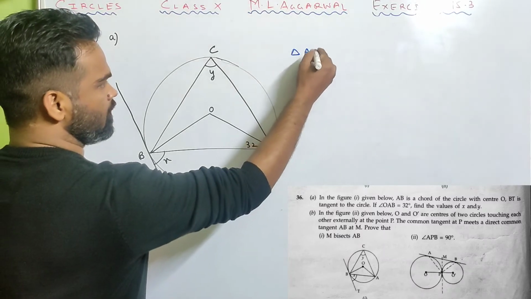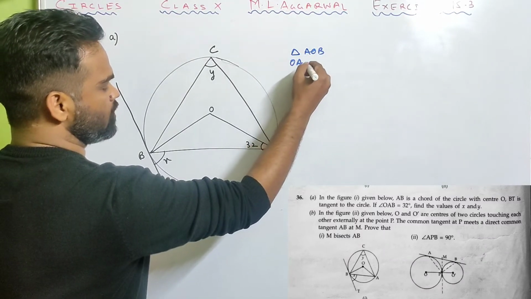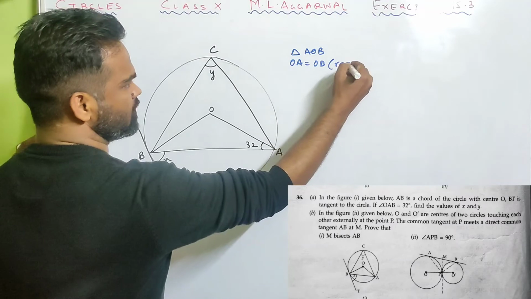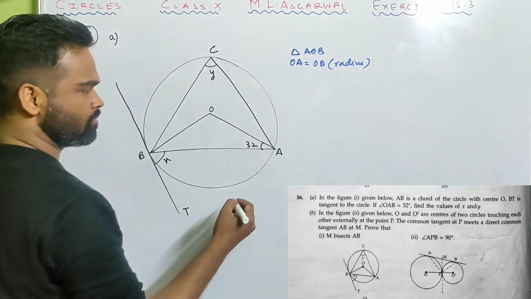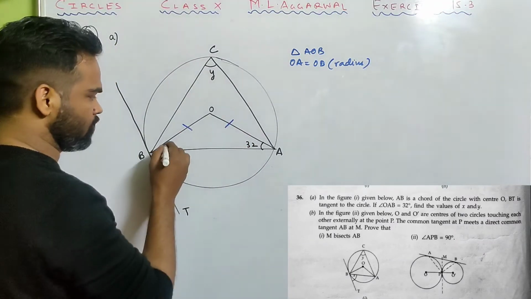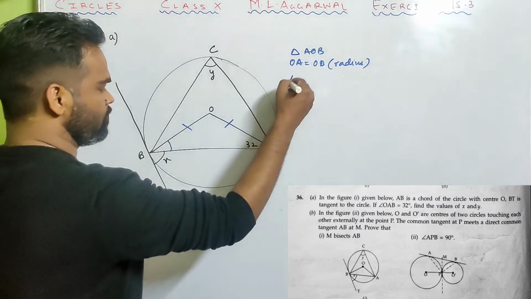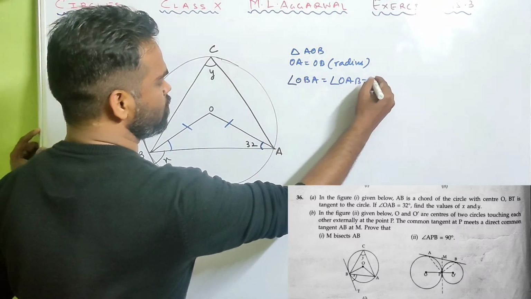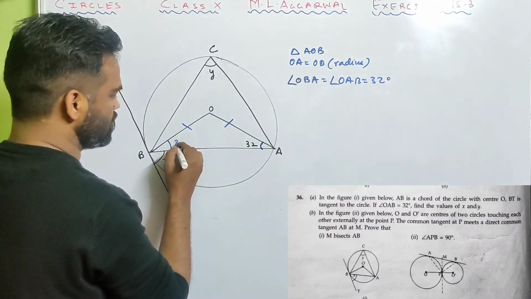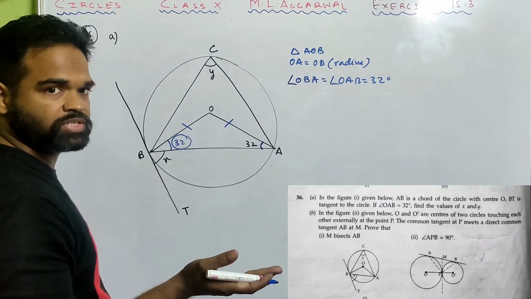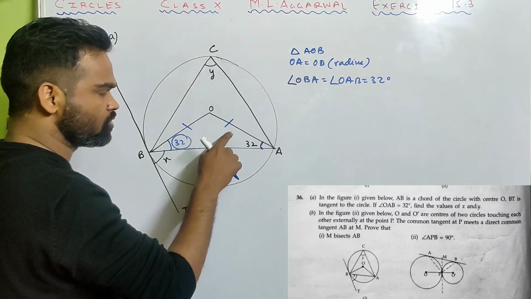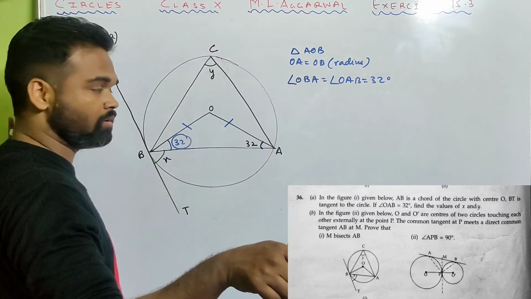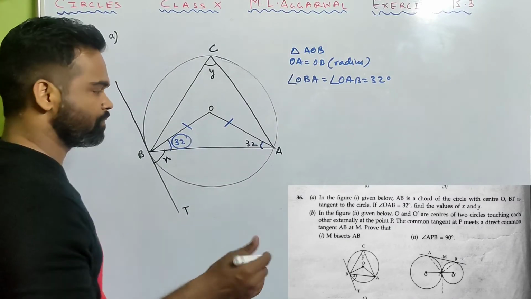Look over here first of all. In triangle AOB, OA equals OB, that's the radius. Yes or no? Which means if these two sides are equal, then this angle and this angle will be equal. Angle OBA will be equal to OAB, equal to 32 degrees, because the angles opposite to the equal sides in an isosceles triangle are equal.